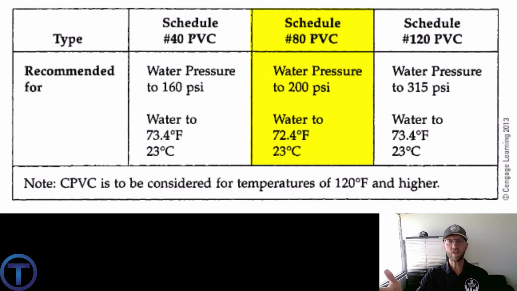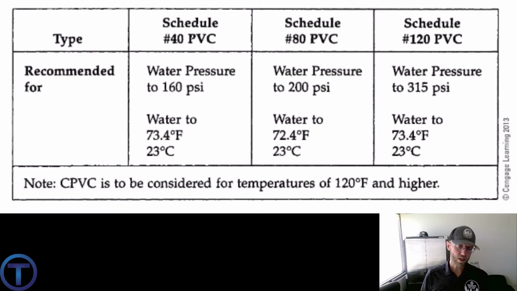Now on schedule 80 we see 200 psi. We have a significant increase there. We go to the schedule 120, and at the same temperatures we get 315 psi. So again, you can see if you know you're dealing with higher pressure stuff, you can accommodate by increasing the wall thickness by a higher schedule, and you'll be able to handle that.